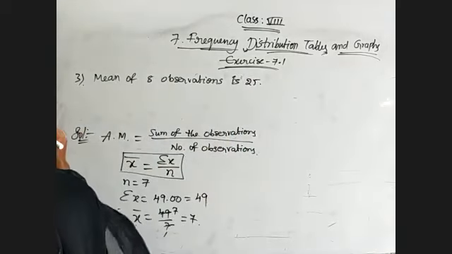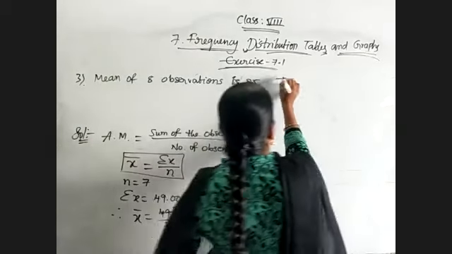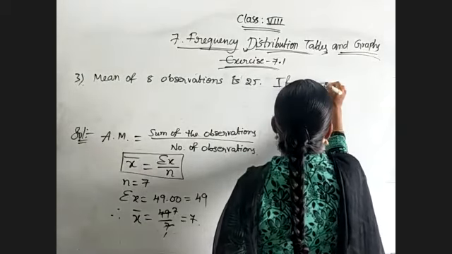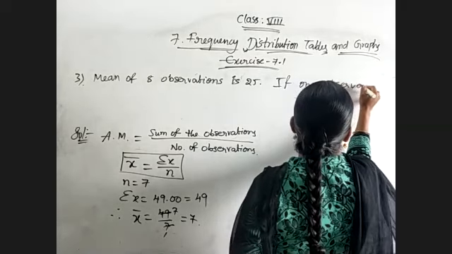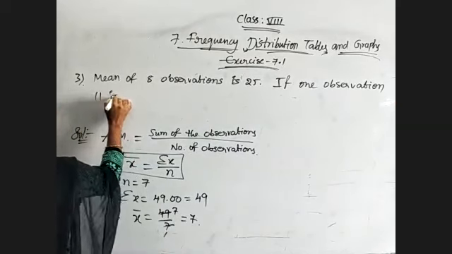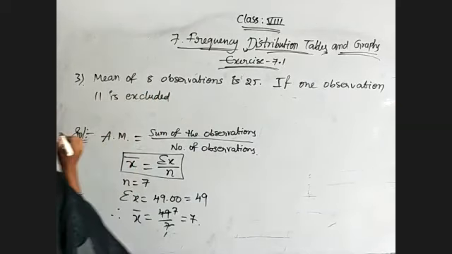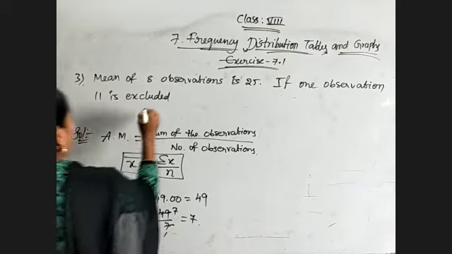If one of the observations, 11, is excluded, find the mean of the remaining.